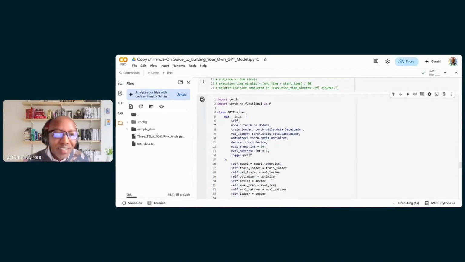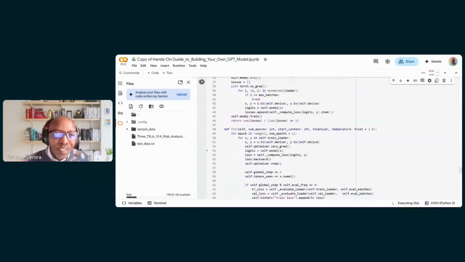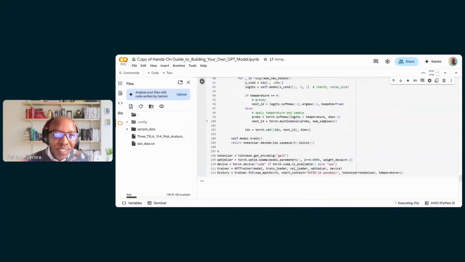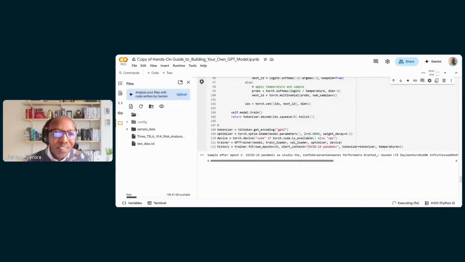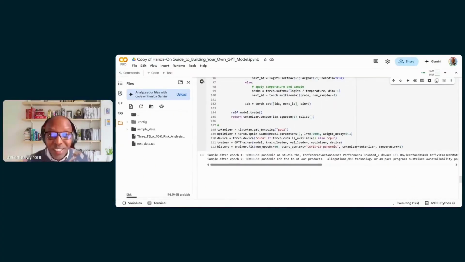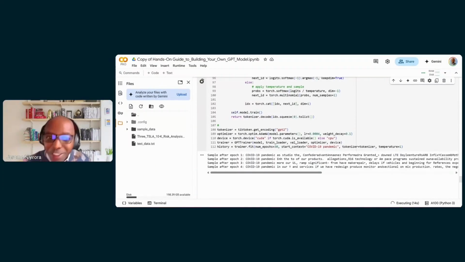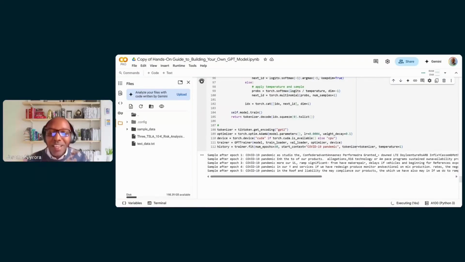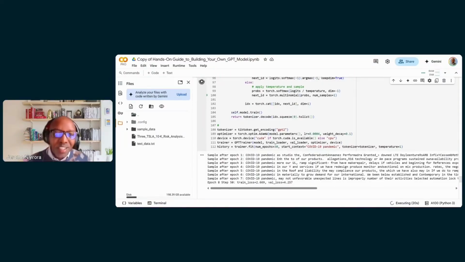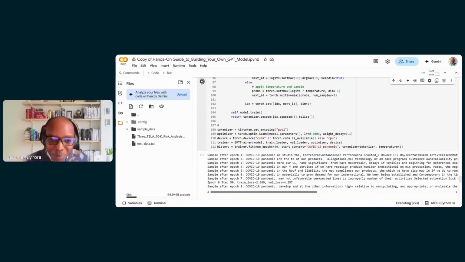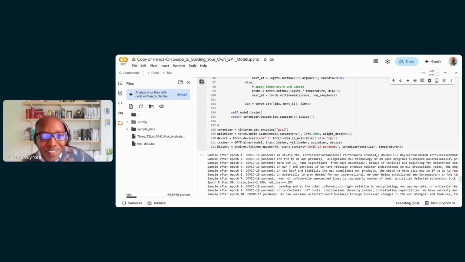Okay, this class organizes all the pieces together, and it took in our text, it tokenized it, and I gave it a start context of COVID-19 pandemic, and it started to learn what comes next, something that might seem to be coherent. It's only 30 epochs and takes 1 minute. If you can just hang in there quickly, we're almost there. You can see what this does.